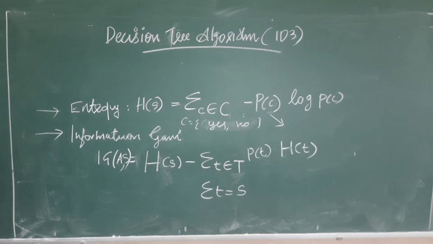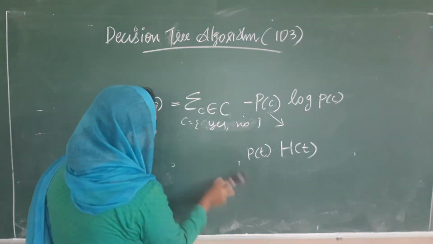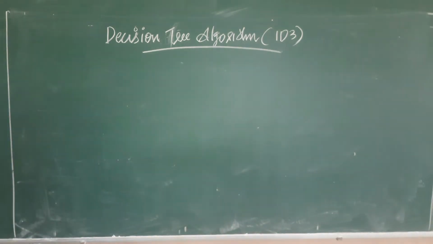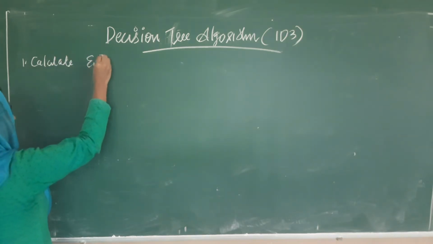So for doing the algorithm, the first thing that we need to do is find out the entropy of the data set. That is, we have to find the entropy of the whole data set. So that is the first thing, calculate the entropy of the data set.